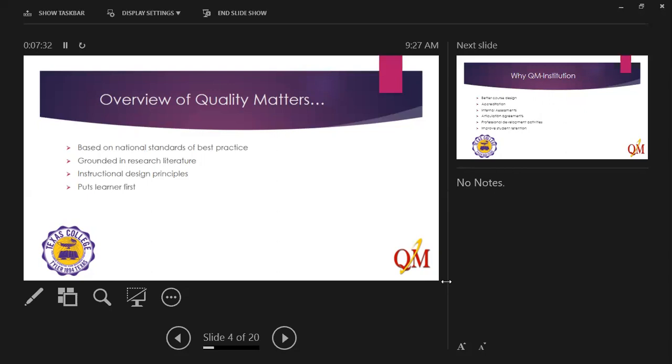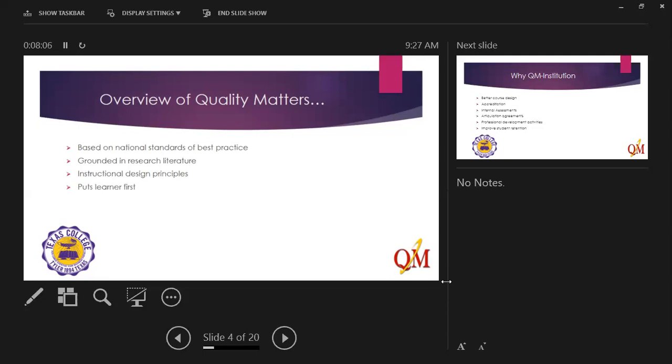It's also based on instructional design principles. And again, the underlying purpose or goal of Quality Matters is ensuring that learners have a mastery of the learning outcomes. In that regard, Quality Matters puts learners first. It's not about the teacher, not the expertise, not my qualification. It's all about the learner. The design of online courses based on Quality Matters standards is learner-centered, not content-focused.